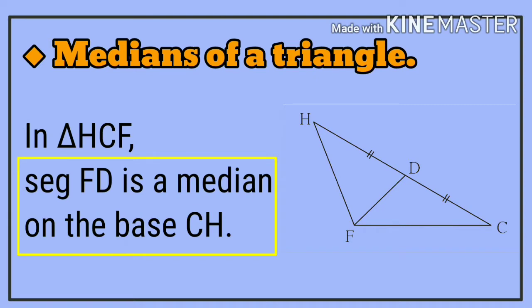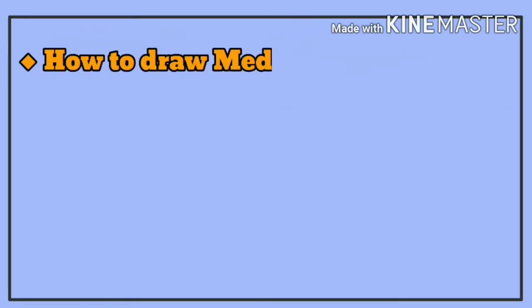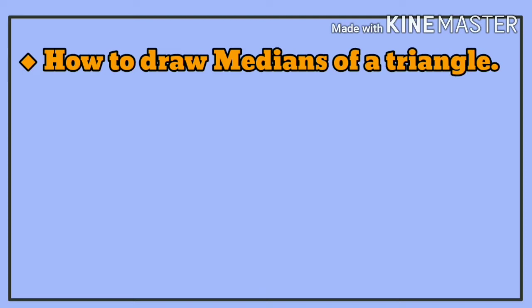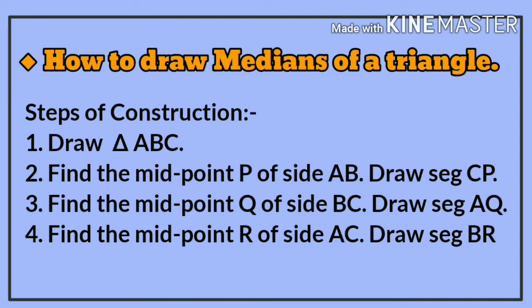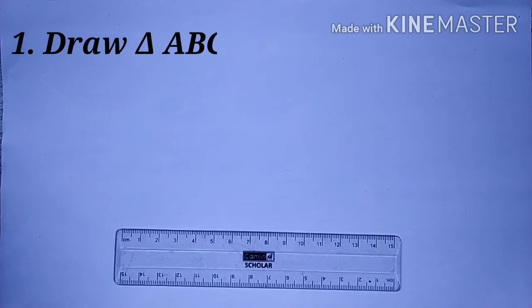Now we will learn how to draw medians of a triangle. With the help of these steps of construction, we will draw medians. Let us start with the first step. First step is draw triangle ABC.